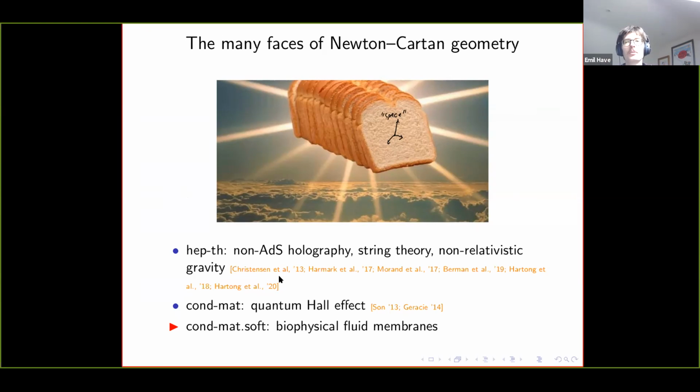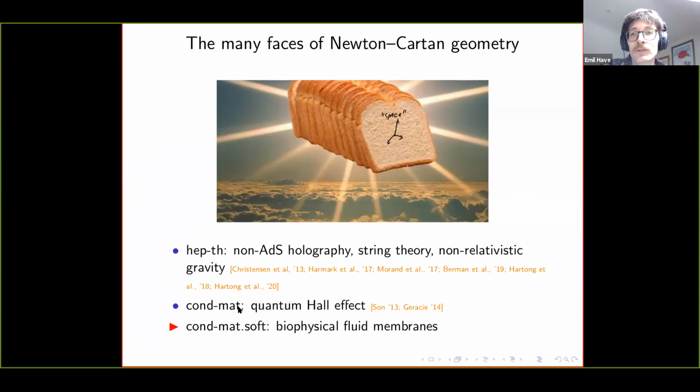Within the condensed matter community, Son has used this formalism as a background geometry to which you can couple field theories. And that approach allows you to extract currents and other relevant objects that you wish to. So, for example, you get things like the Hall viscosity out of this procedure.